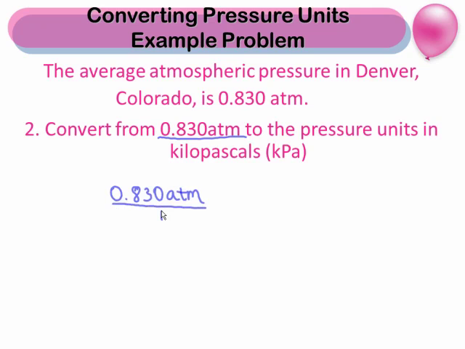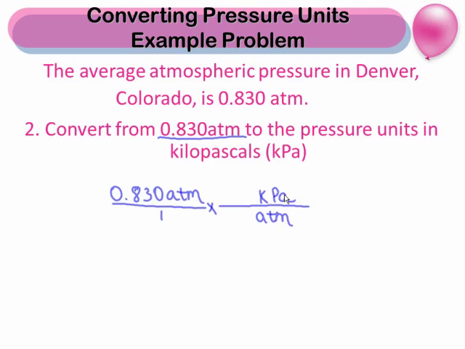And again, we can put this over 1. That 1 doesn't have any units, it's just a placeholder. We're going to multiply by a conversion factor where I'm going to get rid of the unit that I was given, so we're going to get rid of atmospheres, and we want to know kilopascals.